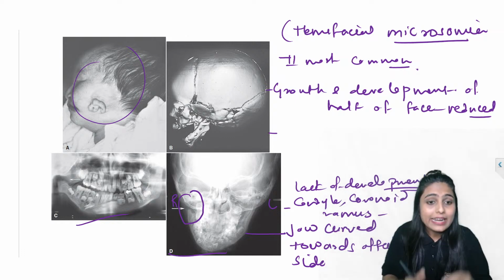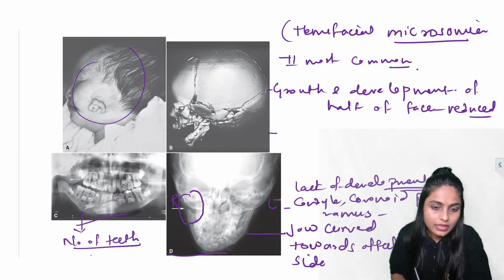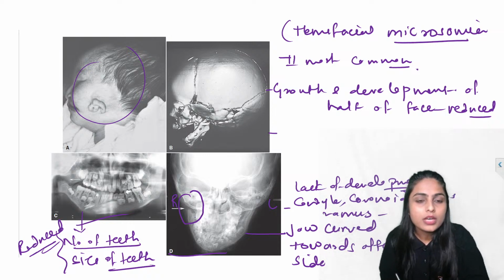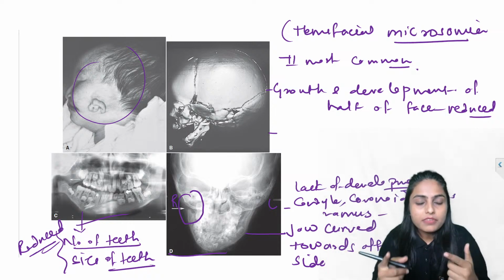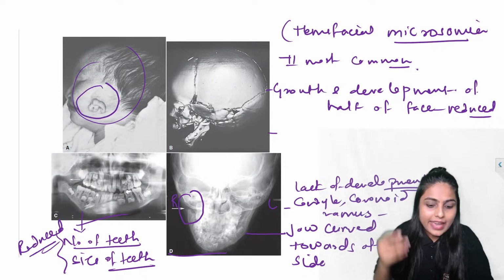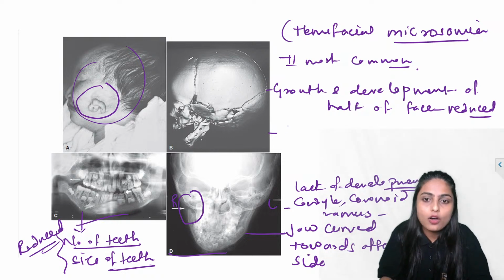And talking about dentition, the number of teeth and size of teeth are both reduced, okay? Again, one important feature seen in hemifacial microsomia is the external ear. There is aplasia or hypoplasia of the external ear.